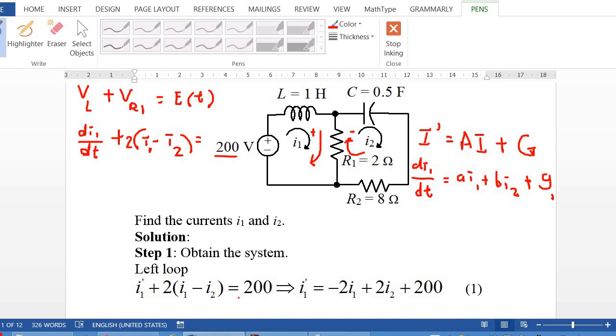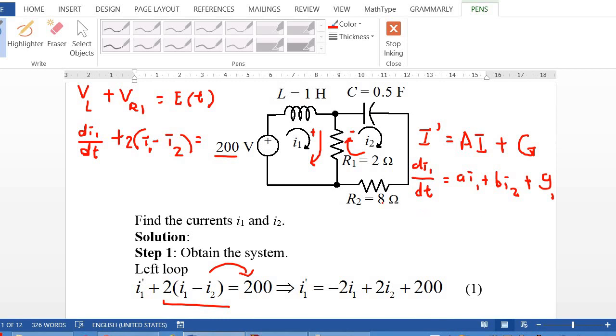From the left loop, in order to get the first equation for dI1/dt, the term 2 times (I1 minus I2) is brought to the right hand side. Once we have I1 prime equal to negative 2 I1 plus 2 I2 plus 200, this means A is negative 2, B is 2, and the first row of vector G is 200. And we get the first equation for dI1/dt.